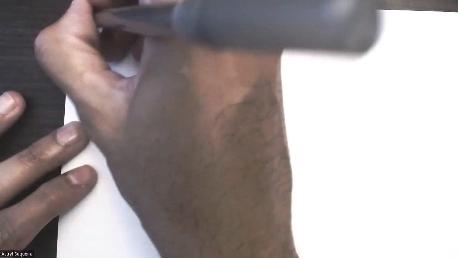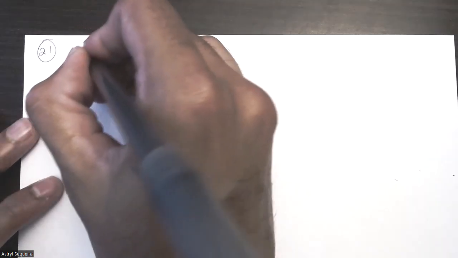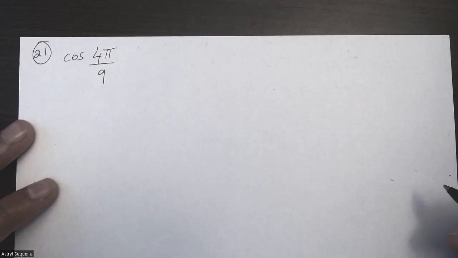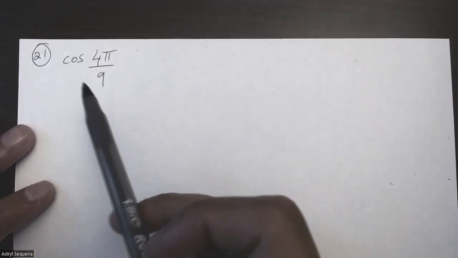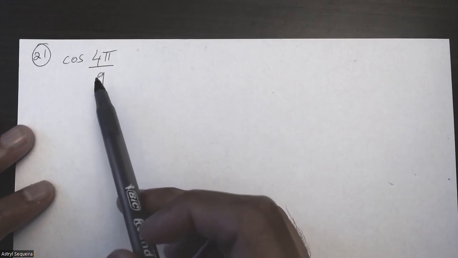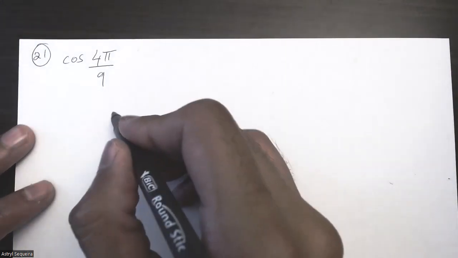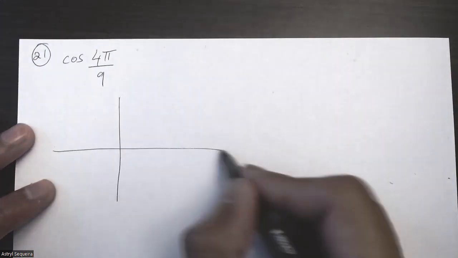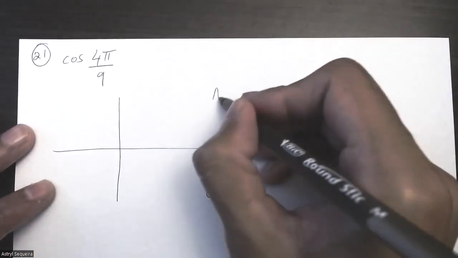All right, next question here is question number 21. We have cos 4 pi over 9, and we need to write an equivalent expression in terms of this one over here. So what we want to do is use our CAST rule for this.